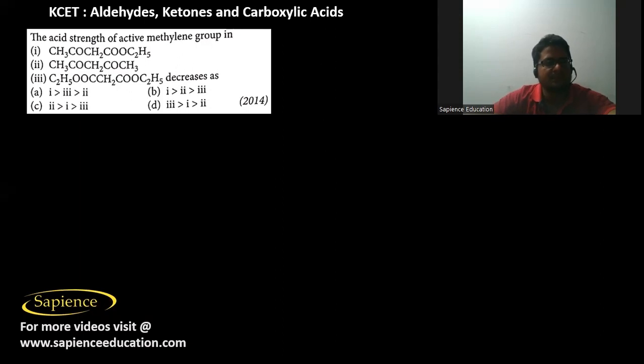Then it is told that the acidic strength of the active methylene group in these three decreases as. So we have to find the decreasing order of the acidic strength of the methylene group here.